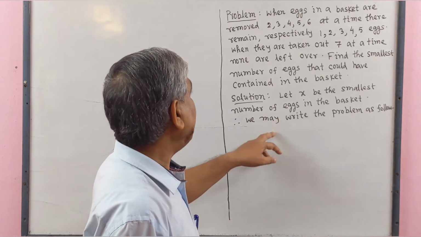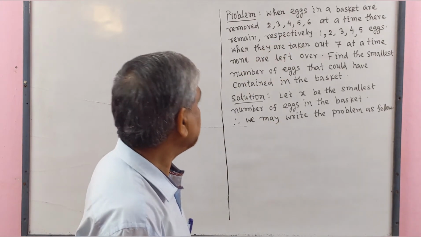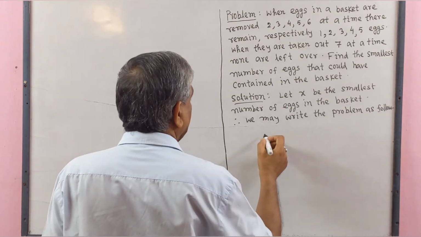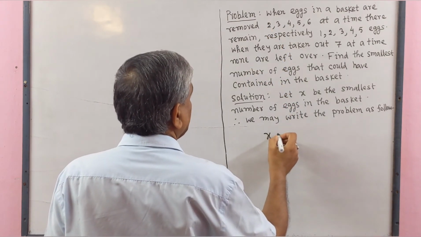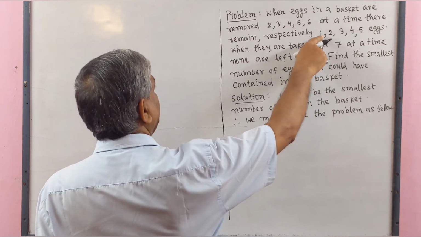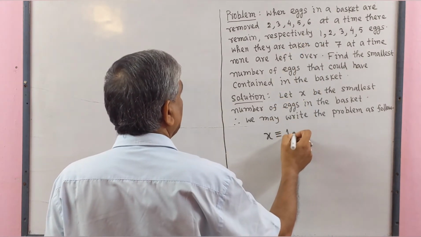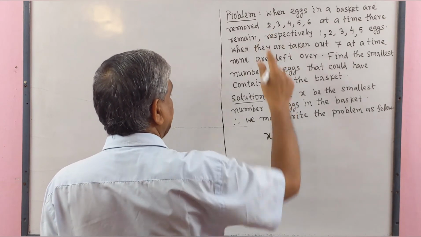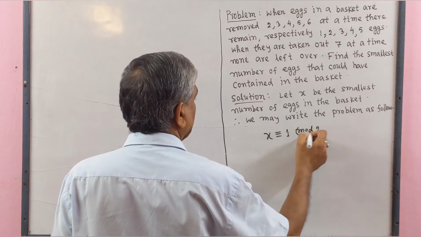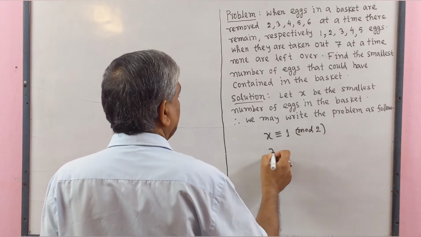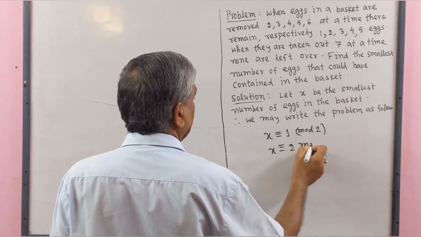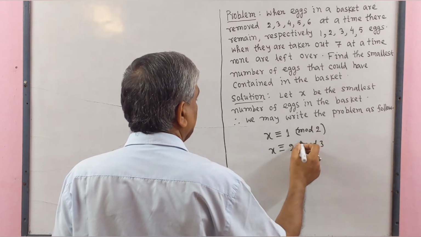So we write this problem as follows. Firstly, we write x is congruent to, here remainder is 1, and we take 2 at a time, modulo 2. Then x is congruent to 2 modulo 3.